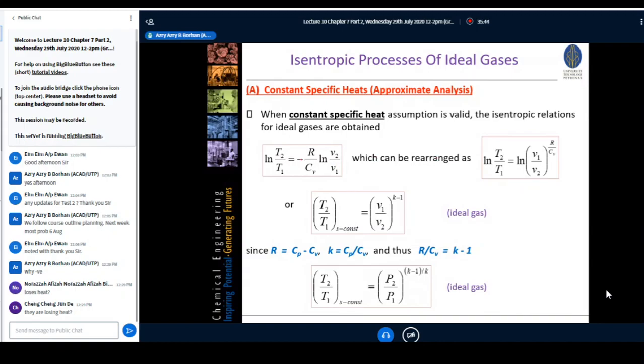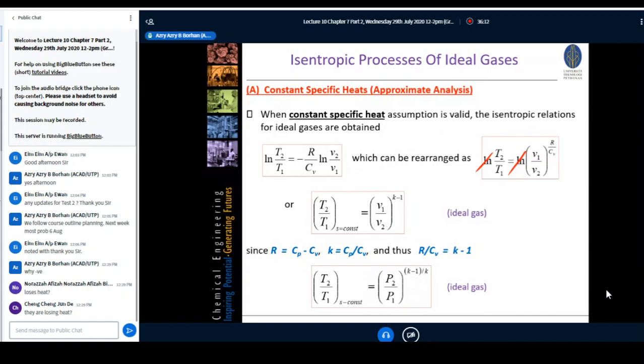If you have a minus at the front of the ln, when you bring it into the power, V1 and V2 change position, they are inverted. That's why you have ln V1 over V2 to the power of R over Cv. From there you can simply get rid of the ln, so what's left is T2 over T1 equals V1 over V2 to the power of R over Cv.